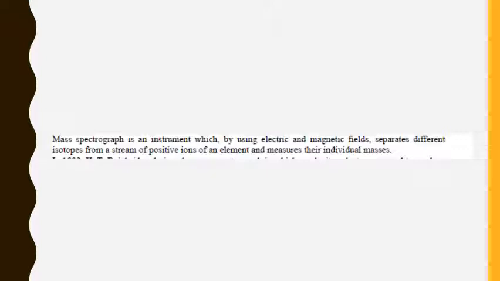Why do we term this mass spectrograph? We will separate velocities, but the mass will be the same. I think you can remember here the term isotopes. Chemistry has very interesting materials, isotopes. Isotopes have the same atomic number but different masses.